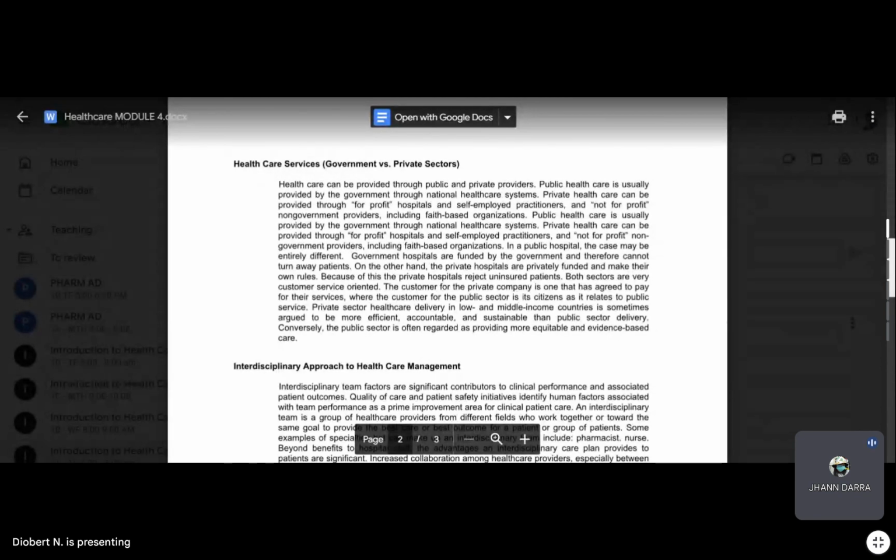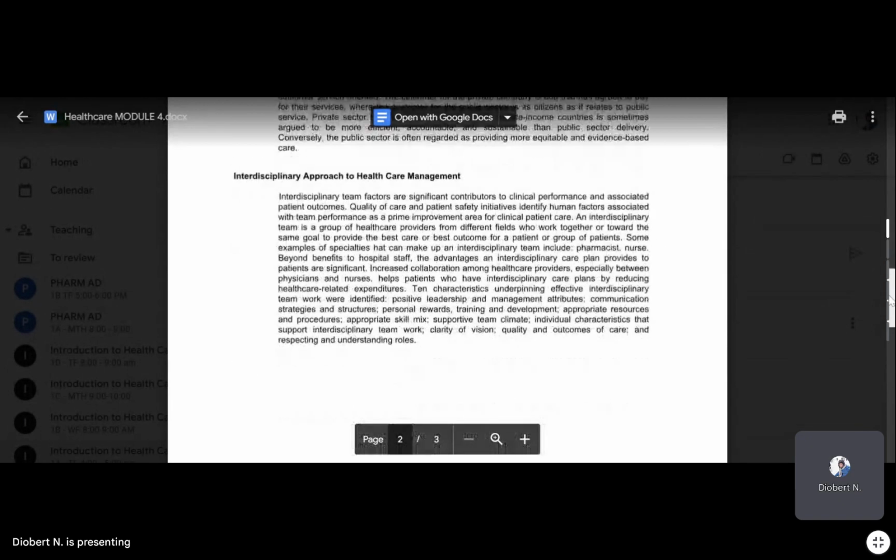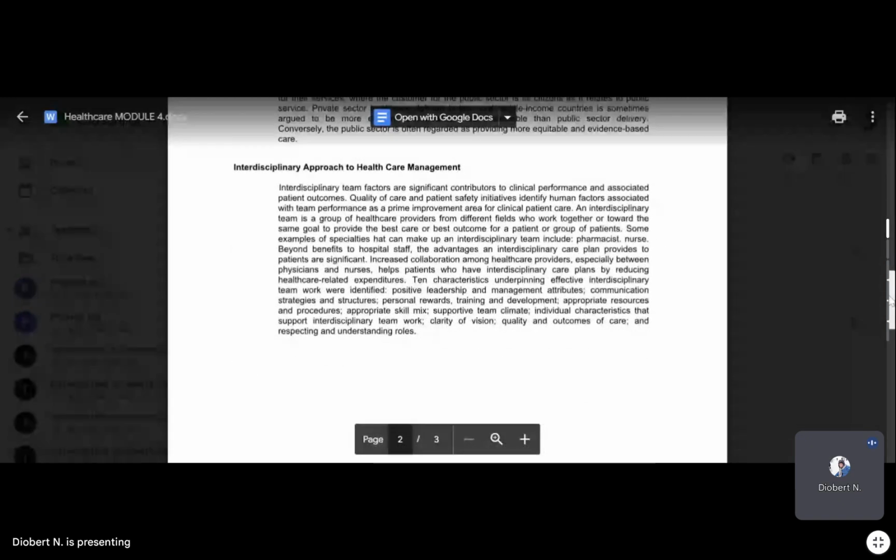Ten characteristics underpinning effective interdisciplinary teamwork were identified. Okay, these are the 10 characteristics underpinning effective interdisciplinary teamwork. And we need this, guys, not only in the hospital, but in our respective medical facilities.